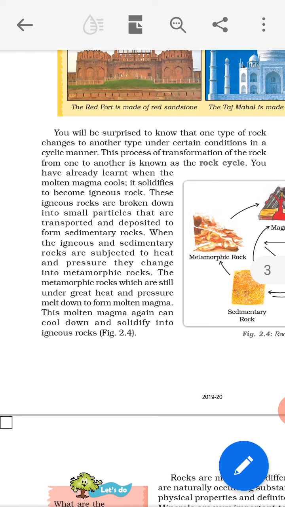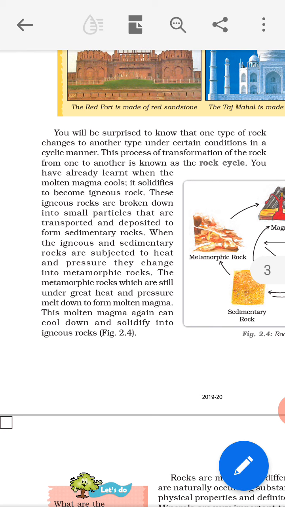When the igneous and the sedimentary rocks are subjected to heat and pressure, they change into metamorphic rocks. Such type of rock is called metamorphic rocks.